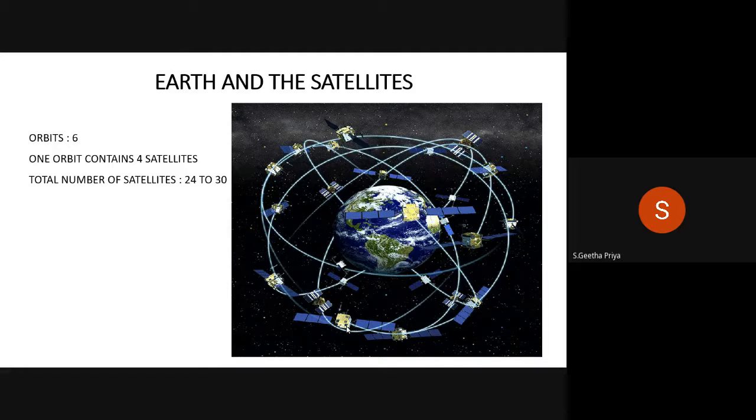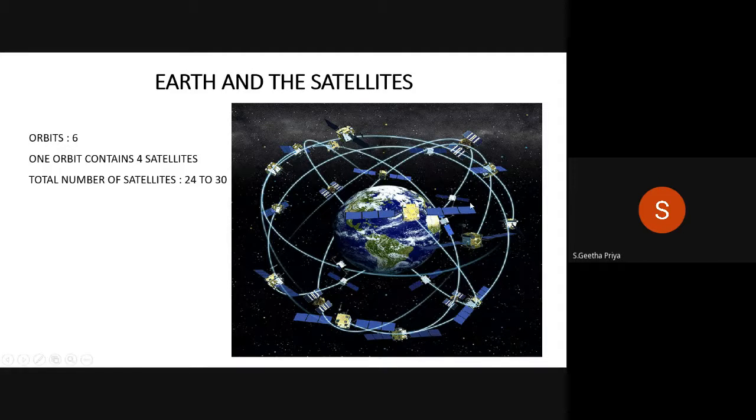First of all, we'll see how the satellites are placed over the Earth. We know what a satellite is. Satellites are placed in space for GPS purposes, for taking satellite images, aerial images, and so on. Over the Earth, in space, the satellites are placed in an order, like in orbit space.